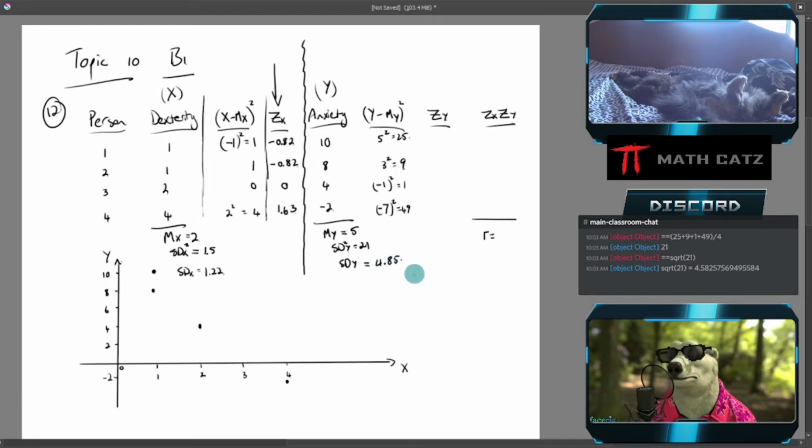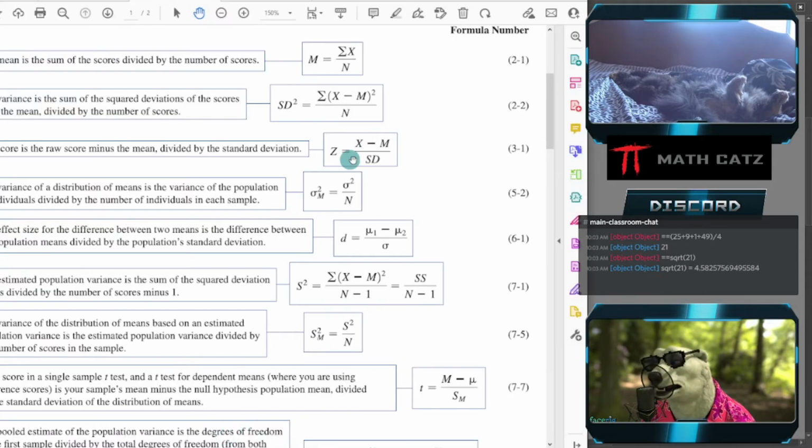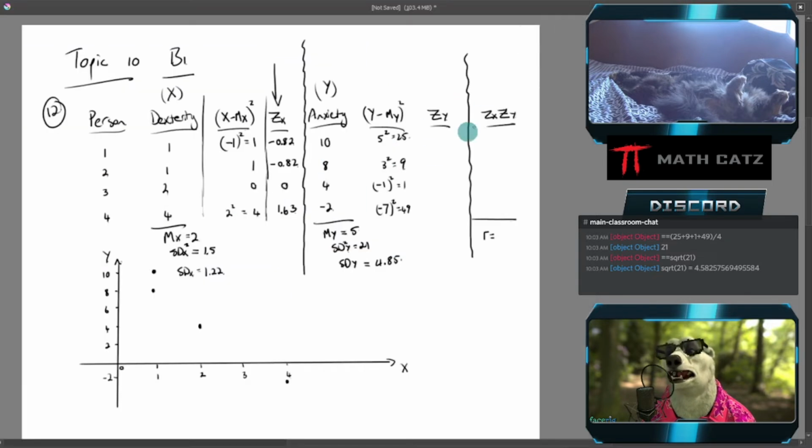Then to get the z-scores for the y variable, before I combine them, we again think of this formula: the raw score minus the mean over the standard deviation.